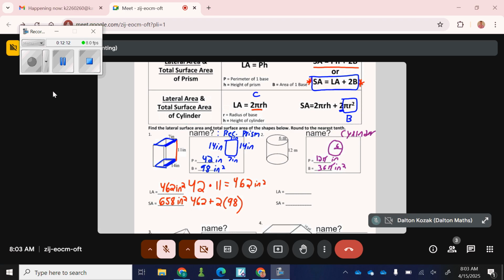So the total lateral area is the perimeter of one base times the height. The perimeter of one base we just said is 12 pi, times the height, so times 12. So this goes to 144 pi.